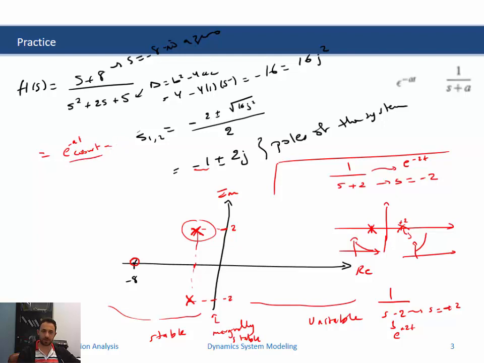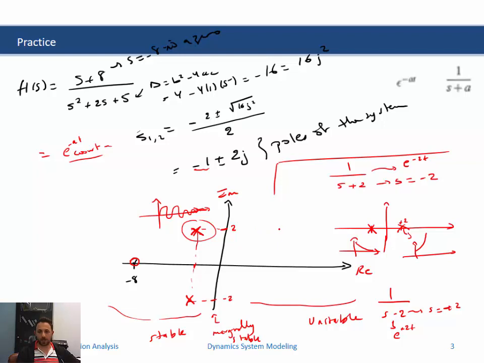So we have some oscillations. The component will look like this. There are oscillations, but at the end they may vanish. So it is stable, but in order to achieve the final steady state response, the system has some oscillations.